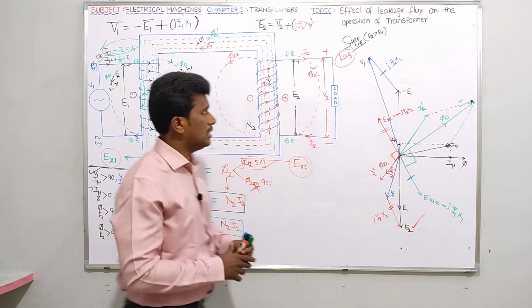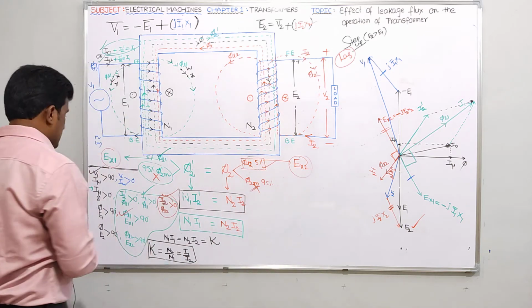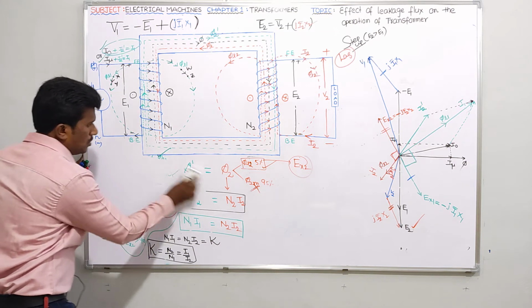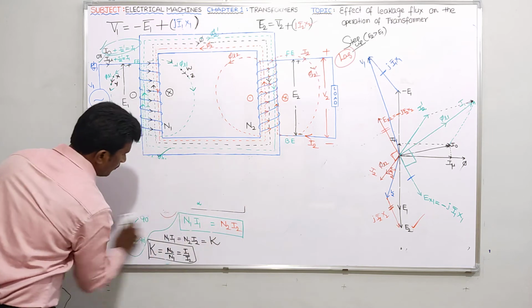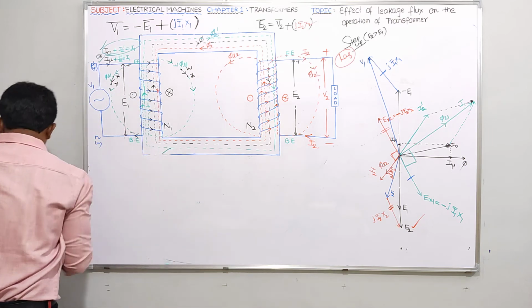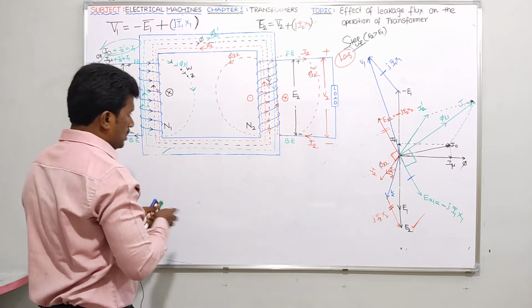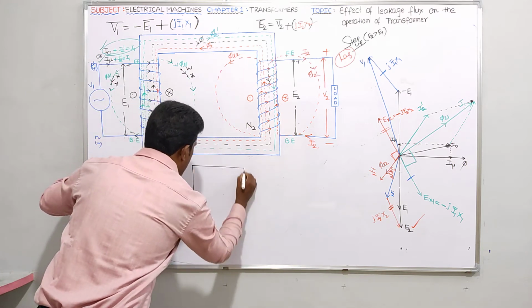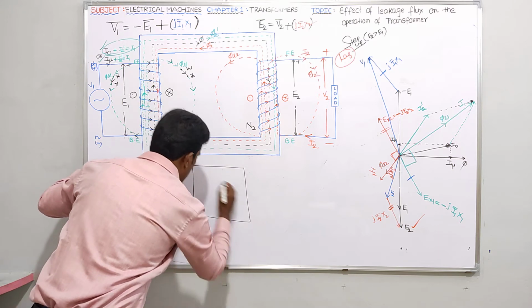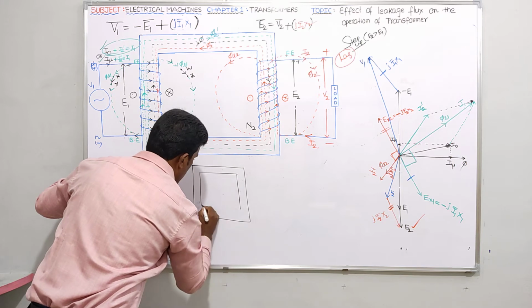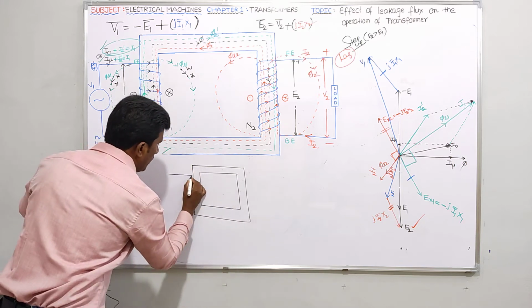It's very simple. There is nothing to confuse. So ultimately, what is the conclusion? Let me draw a simple diagram so you will have some clarity. What is the conclusion you are getting here? Suppose you take the same thing, I am drawing the same diagram, let me draw simply. This is the transformer core having primary winding.